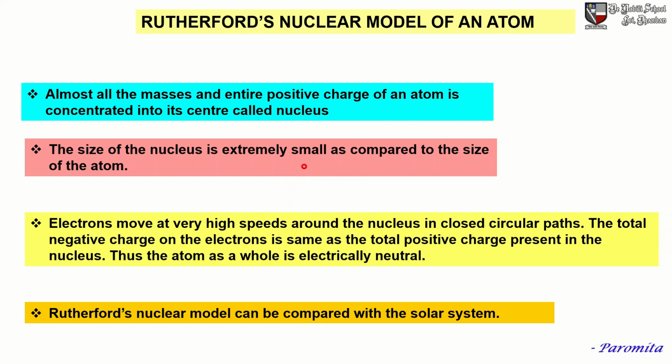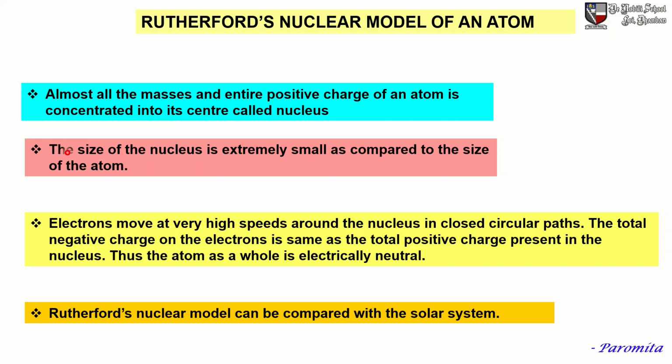The salient features of this model are as follows. Almost all the mass and entire positive charge of an atom is concentrated into its center called nucleus. Due to the presence of entire mass, the nucleus is very heavy.